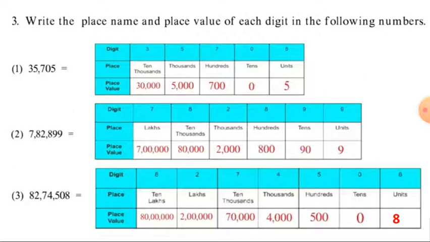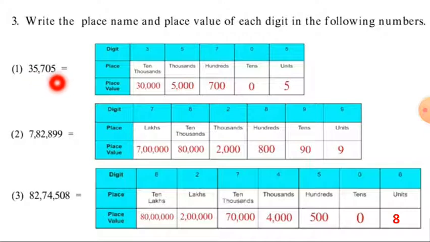Question number 3. Write the place name and place value of each digit in the following numbers. Now students, here the numbers are already given to you. You have to write the place and the place value of all the numbers. So how will you write? First you will draw the column like this. Then you will write the digits of the number which is given.